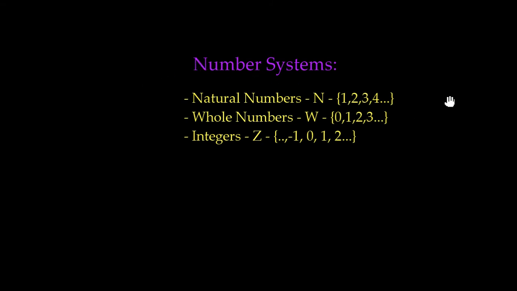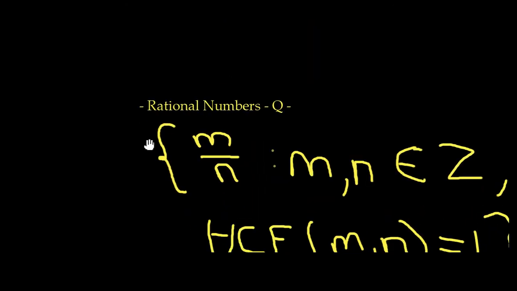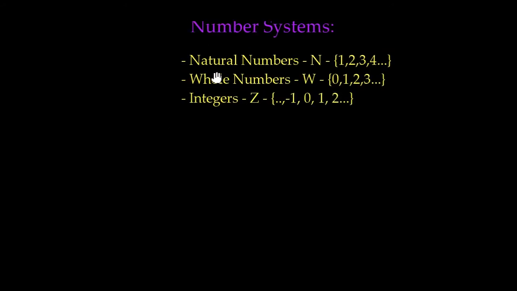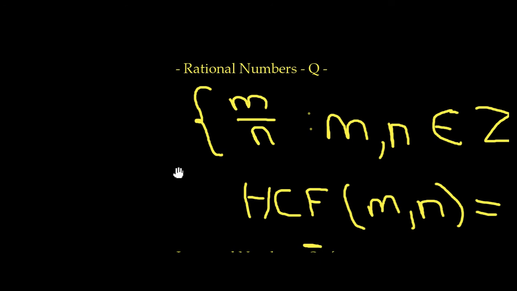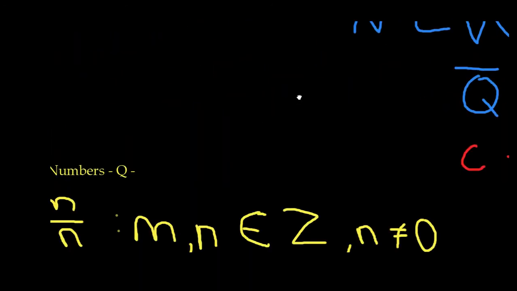There is another one, imaginary numbers. Those are not tested until Unit 2, so when we reach that topic, we will talk about it. But for now, this is all you need to know: natural numbers, whole numbers, integers, rational numbers, irrational numbers.